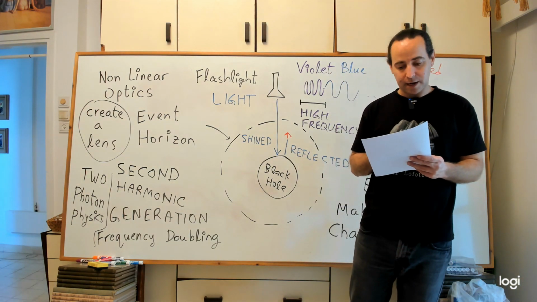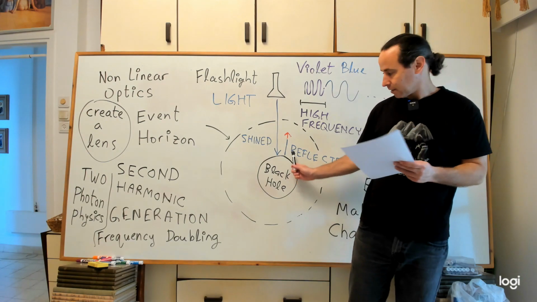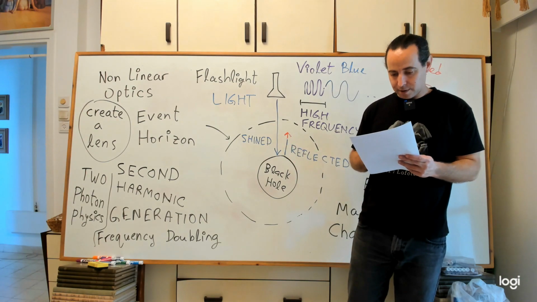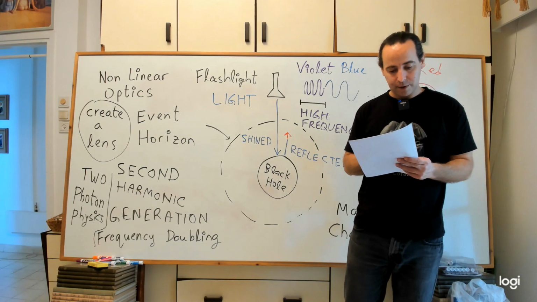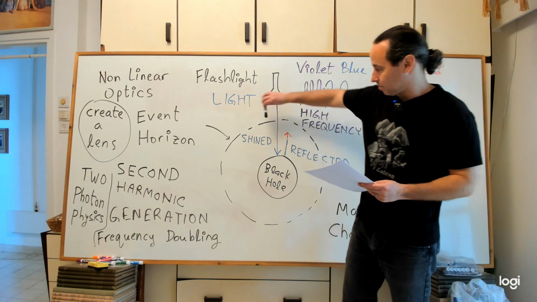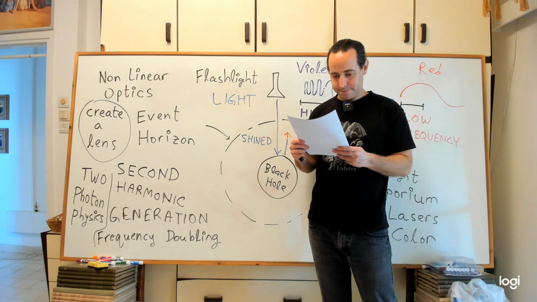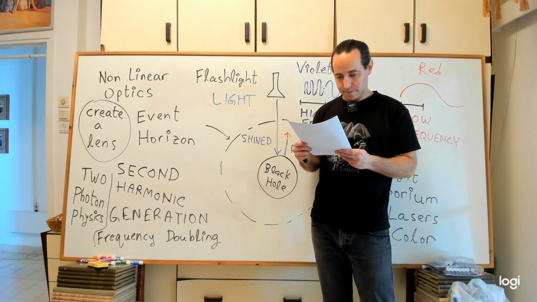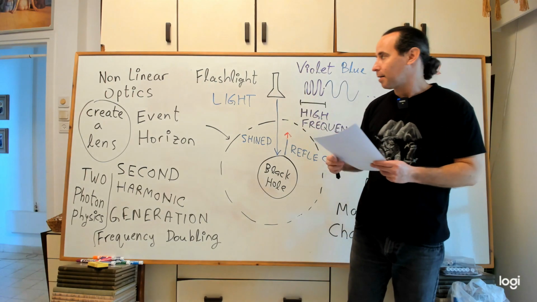One photon will come from the ground of the black hole, this reflected light, and one photon will come from above, from our camera spaceship. It will come from here or from here. This will be our camera spaceship.